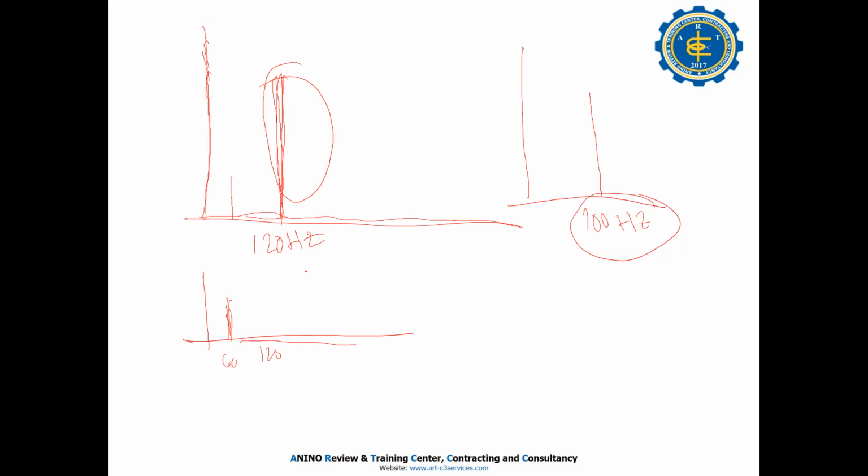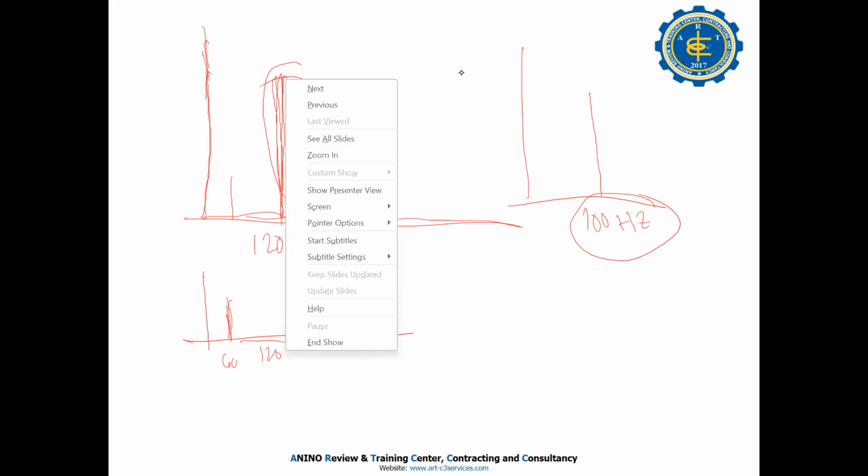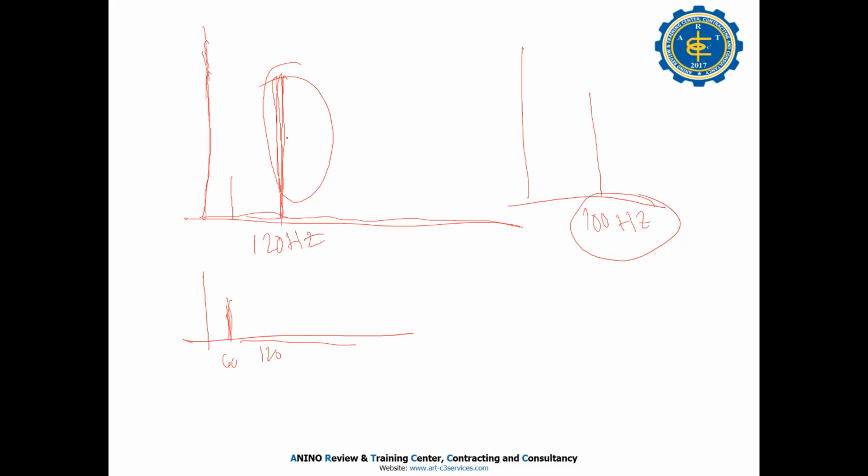But if you stop the equipment and the vibration coincides with RPM and goes down slowly until it stops, then that is mechanical. So that's the technique.